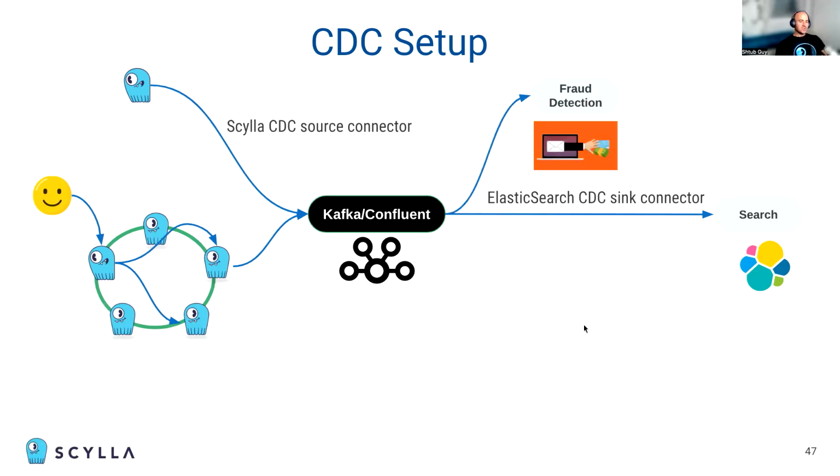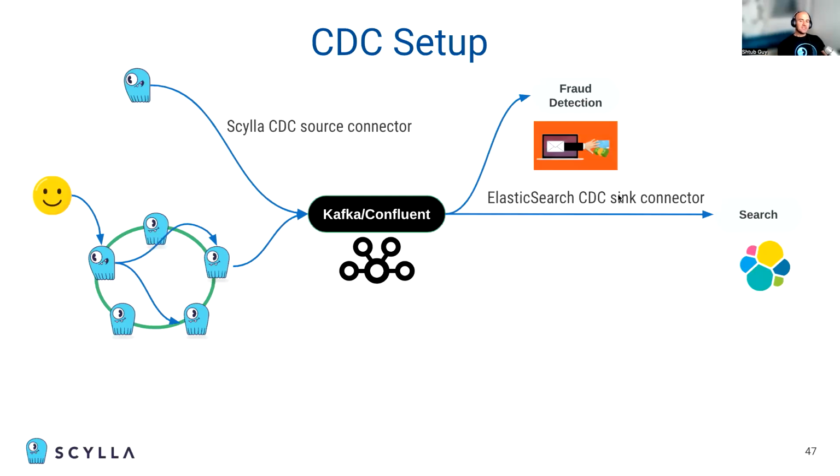Using the CDC source connector, that data is then transferred into Kafka or Confluent or Red Panda for that matter, whatever you choose as the user. And then the consumers, meanwhile, can do different things with that data. Okay, so it separates the systems and allows ScyllaDB to continue working in the background.